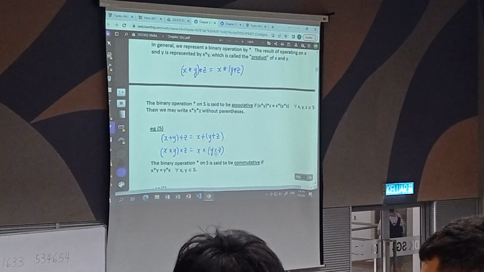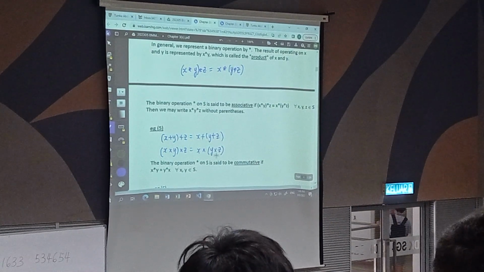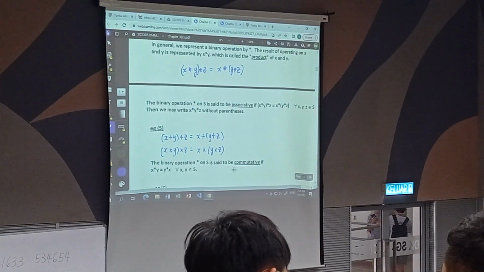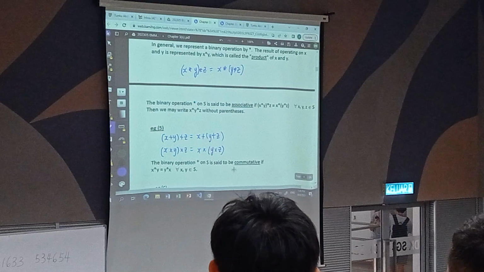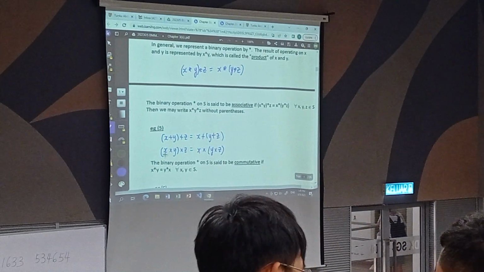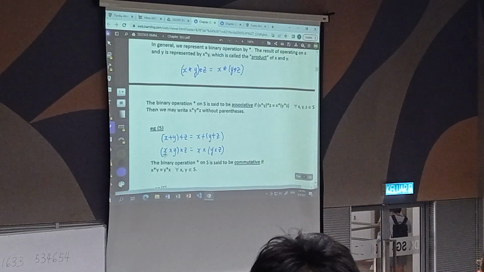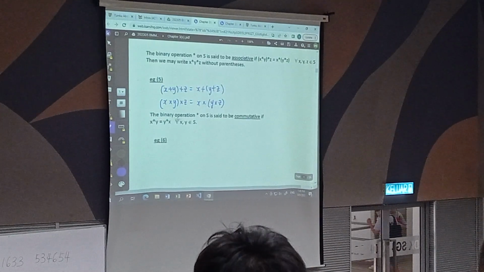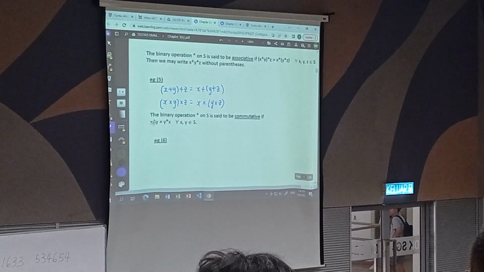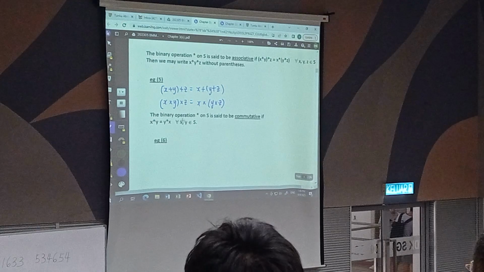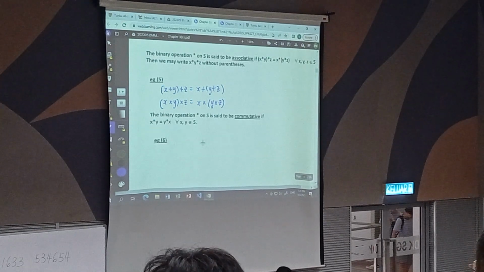Another property that you also learned before is commutative. Now, if associative involves 3 terms, then commutative only involves 2 terms. xy equal to yx. Change the position only. So you see here, it is commutative if x asterisk y equals y asterisk x. It depends on what operator is given.